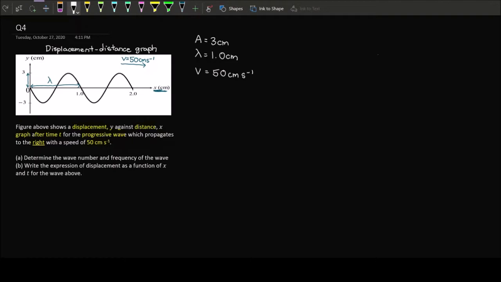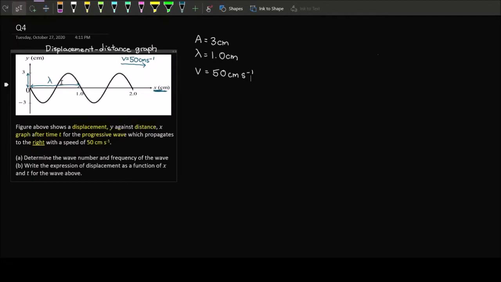You can think of a displacement distance graph as taking a snapshot or taking a picture of a wave. So this sinusoidal wave that you see here is at a specific moment of time. It's the shape of the wave at a specific moment of time. At different distances, it has different displacement from the equilibrium.